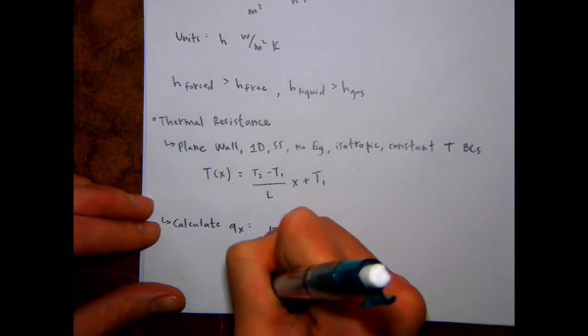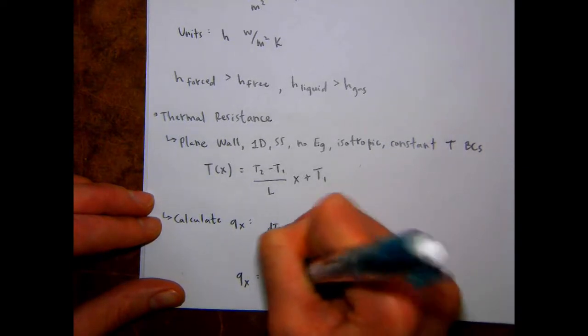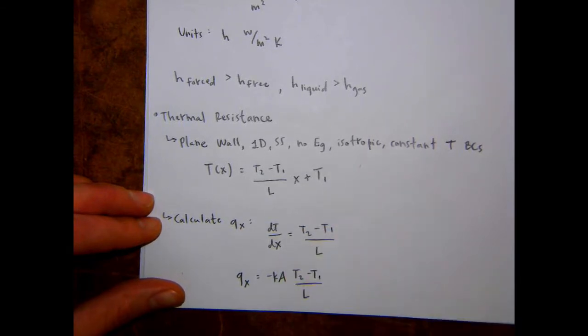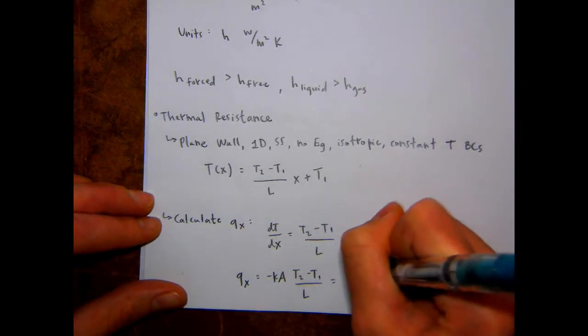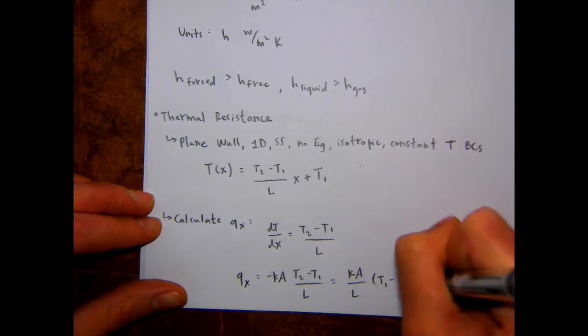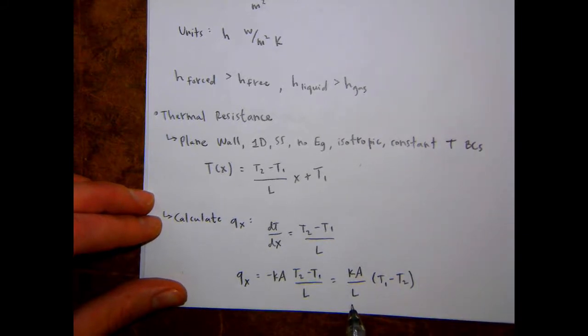So then q sub x is just negative kA times T2 minus T1 over L. And let's rewrite that. Just distribute the negative and pull out all the constants in front of the temperature difference. So if we look at this equation, it's going to tell us that this quantity right here, independent of whatever the temperature difference is, if that quantity increases, then the conduction rate is going to increase, right?